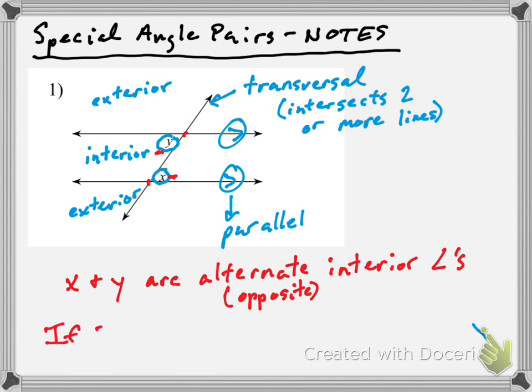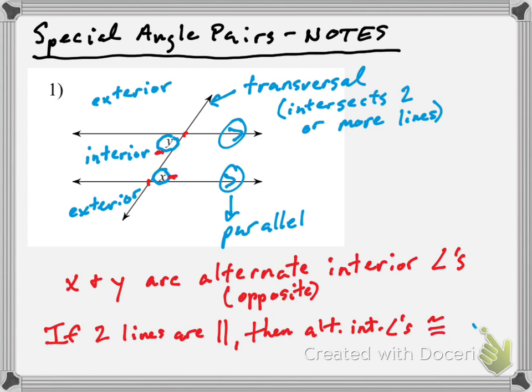Now, if 2 lines are parallel, then alternate interior angles are congruent. That means they have the same measure. So, very important pieces of information there. First thing is, if that's the picture, X and Y, the 2 angles, are alternate interior angles.